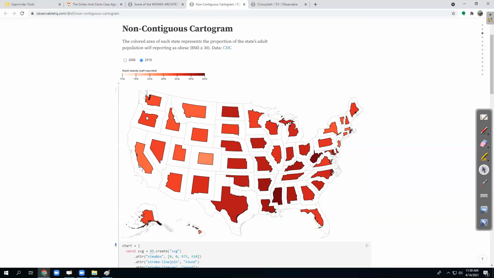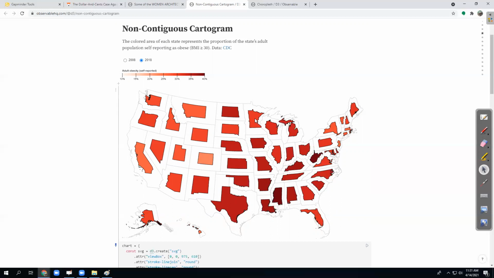So if we look at Oregon and point to it, it says that in Oregon about 15.2% of the population was obese in 2008. And in 2018, it jumped almost double, oh my gosh, 29.9%. This has been on the national radar for a long time, that we have a problem with weight in this country, and that leads to many health problems.